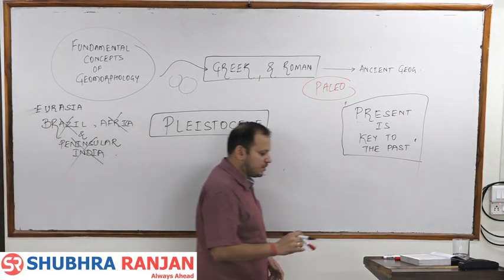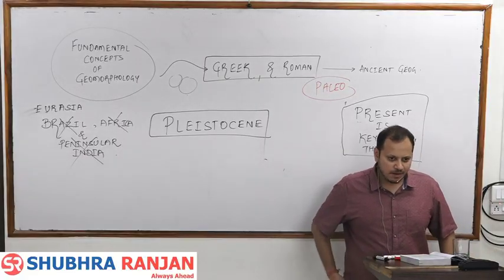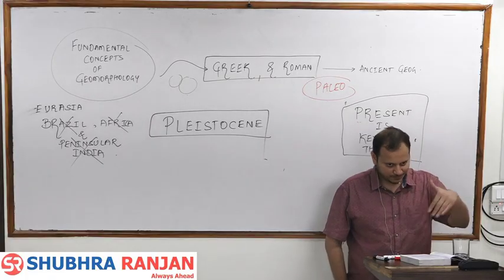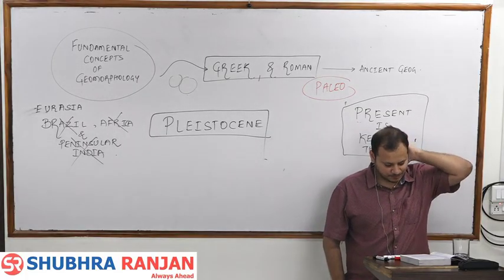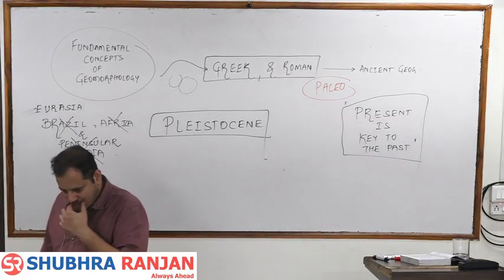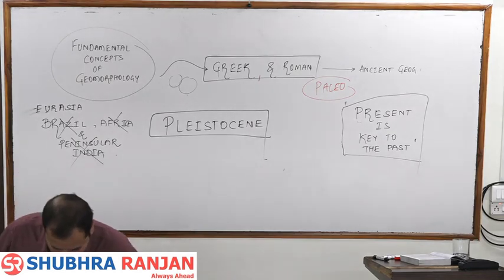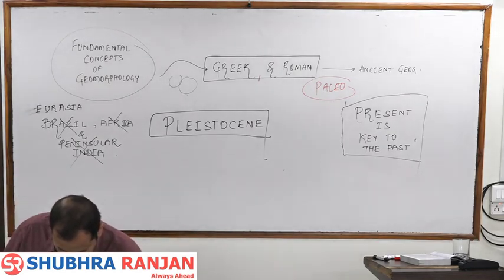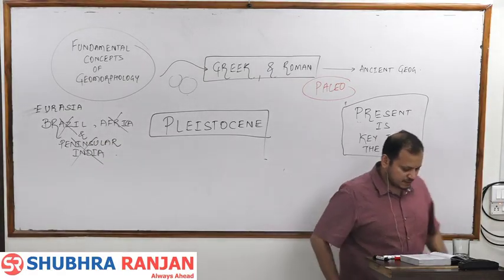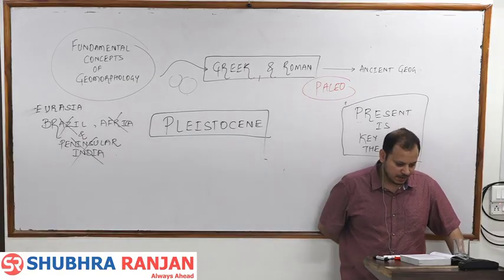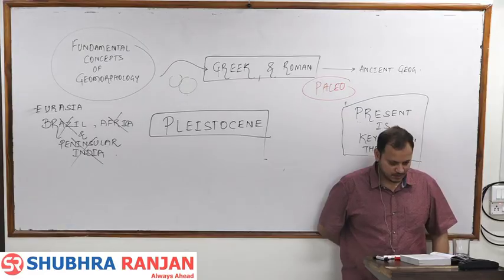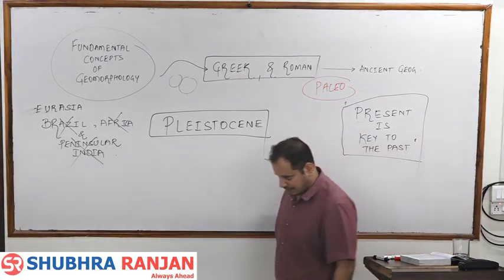But after the end of the Pleistocene Ice Age, the area under glaciation has significantly reduced. Area under the glaciers has been significantly reduced.